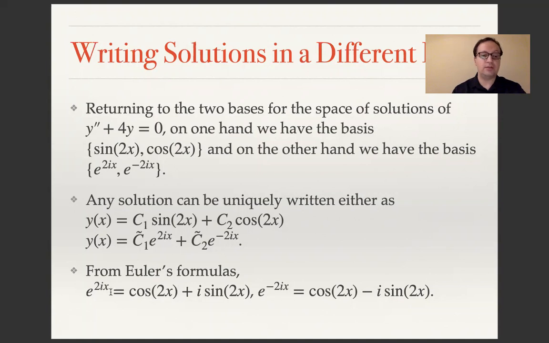So e to the 2ix from Euler's formula is cosine of 2x plus i sine of 2x. And e to the minus 2ix, which is also part of our solution, is cosine of 2x minus i sine of 2x.